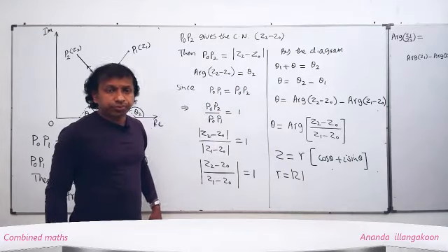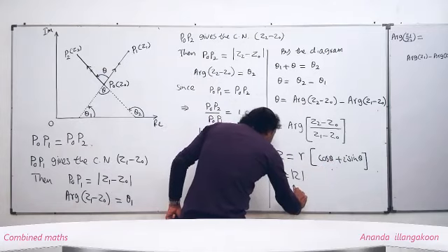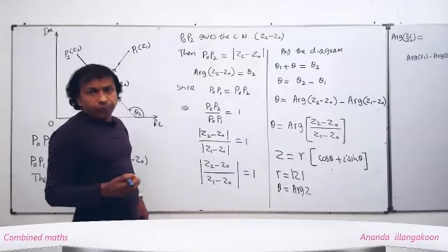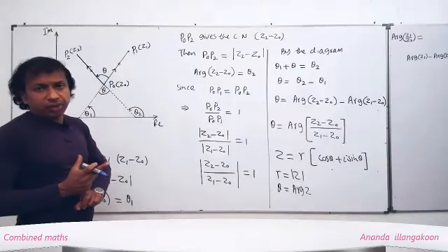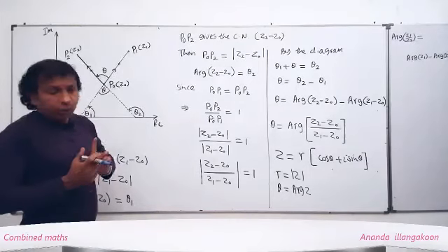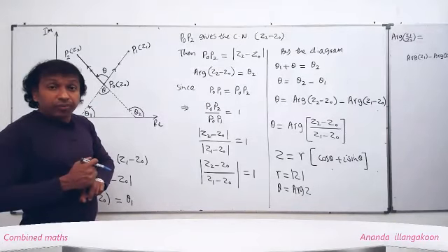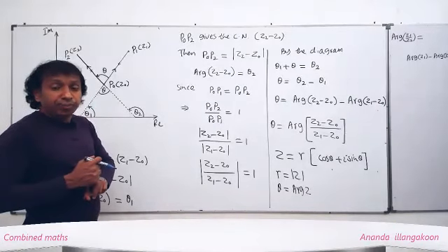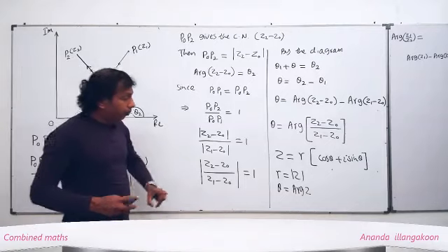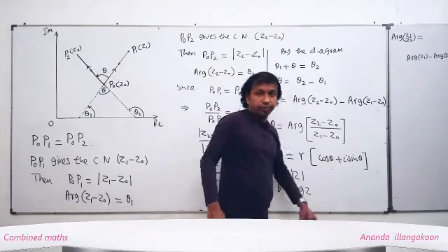What is this theta, people? Arg of it. Then if we know the modulus of a complex number and its argument both, then using that modulus and argument, we can write the complex number in polar form, in the form r times cos theta plus i sin theta.